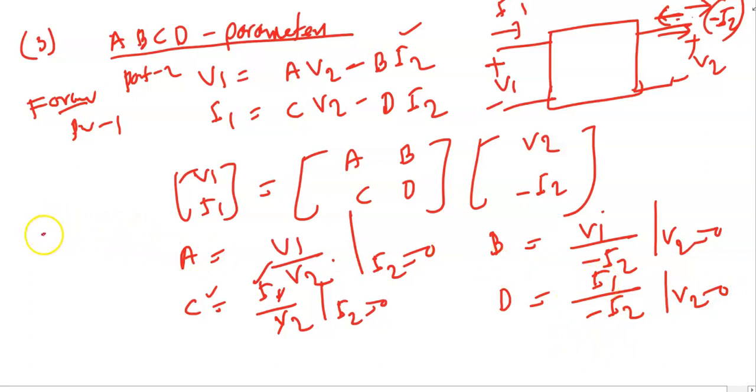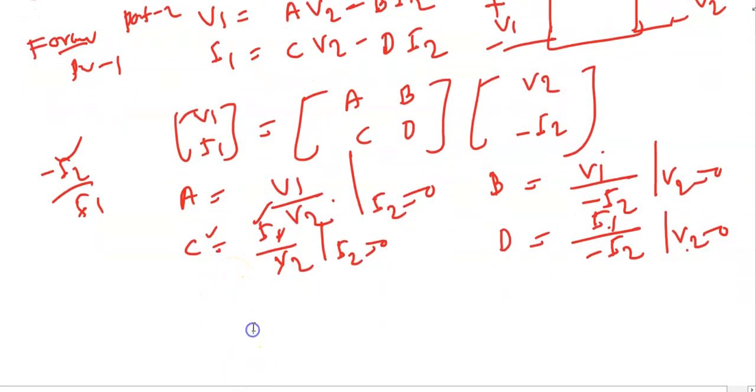Current gain is defined as minus I2 upon I1. Normally we drop the word forward, so you can say forward current gain; by convention, current gain means forward current gain. Because the first quantity is of port 1, and V2 equals 0, it is the short circuit reverse current gain, I1 upon minus I2. So these are the 4 elements of the ABCD parameters.